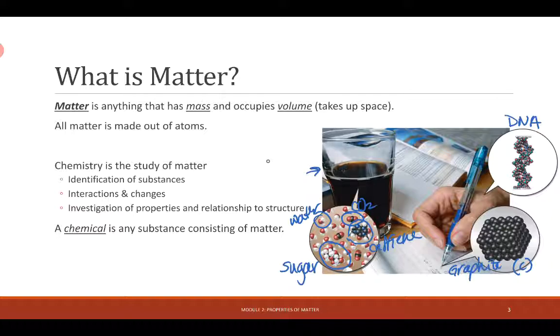Everything you can see and touch in this picture is matter. And all of it is made out of atoms. Atoms are just incredibly, incredibly tiny. Those cells in your body are made out of molecules, and those molecules are made out of atoms.